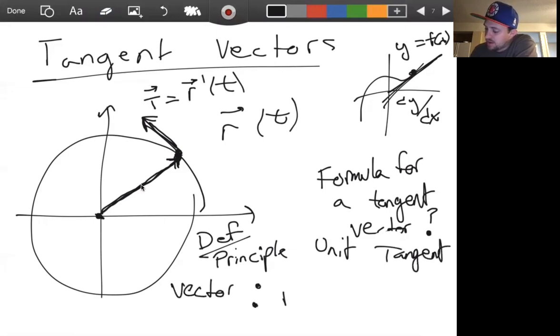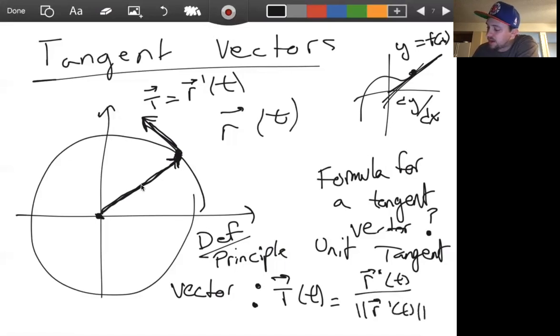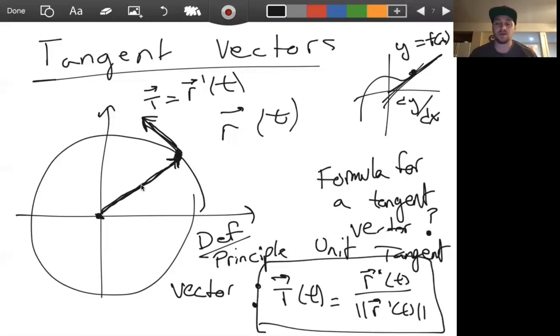It's given by capital T of t equals r prime of t over its magnitude. So you calculate the derivative, calculate its magnitude, and you have a formula for the principal unit tangent vector, which gives you a vector of magnitude 1 tangent to your curve.